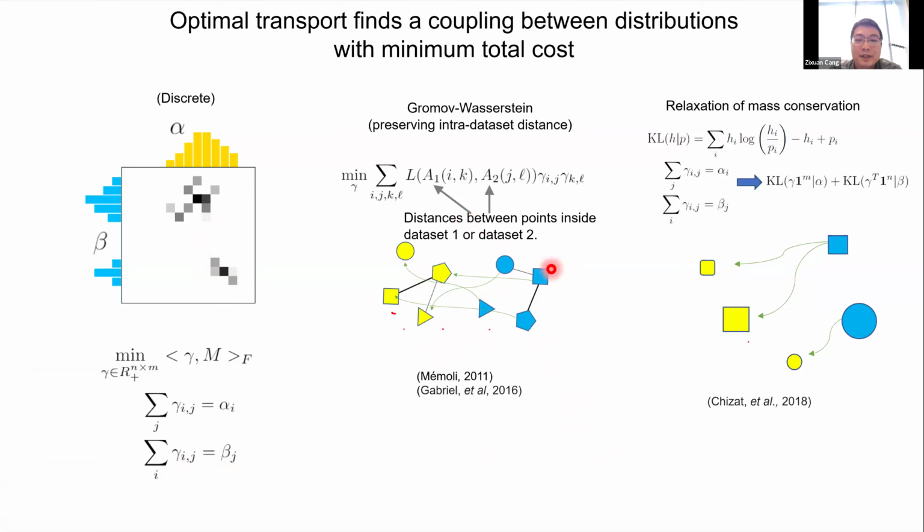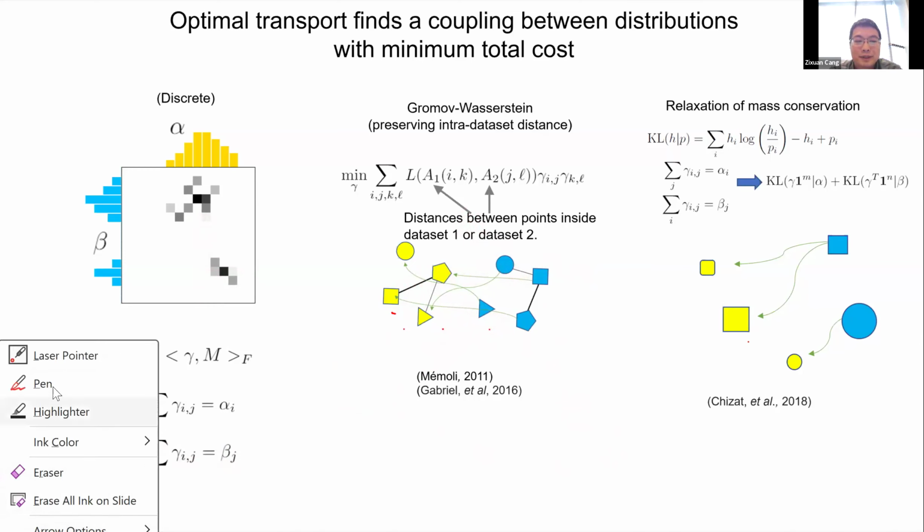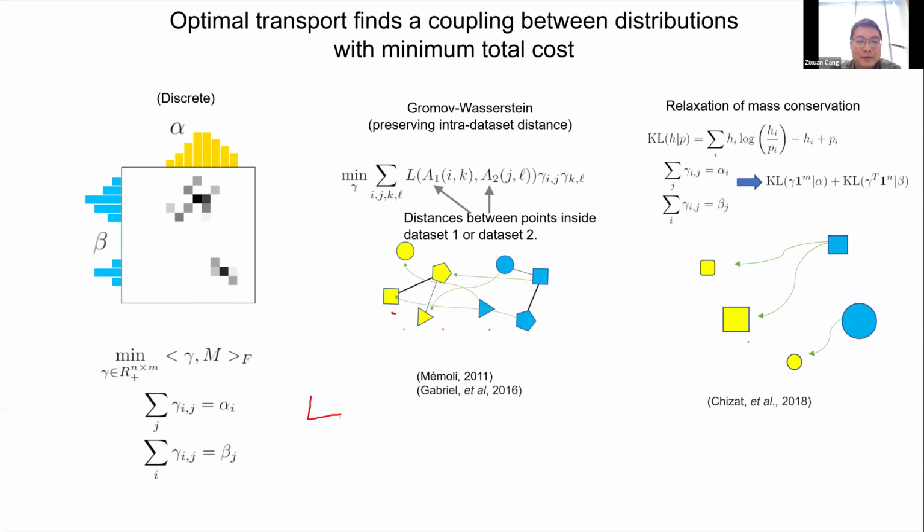So basically, in this case, we can also use optimal transport. Intuitively, what it does is it tries to match the two structures of the datasets. Okay. Imagine that we have a dataset like this and a dataset like this embedded in two different spaces, right?